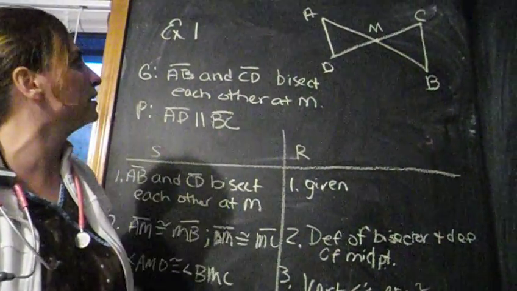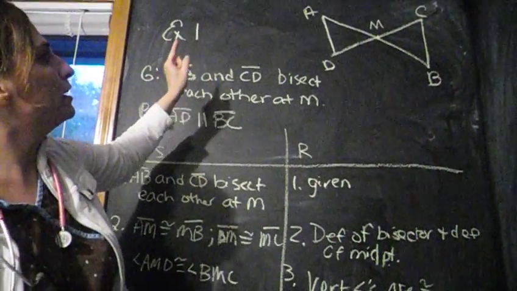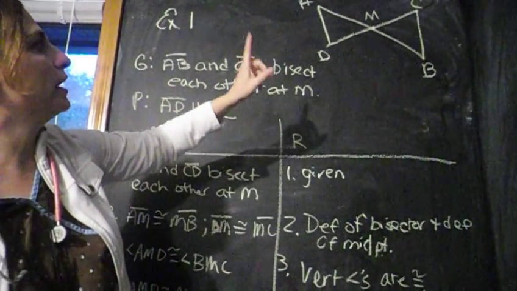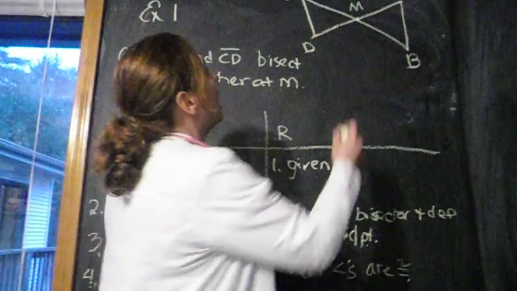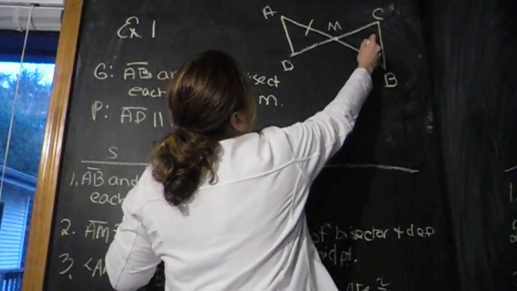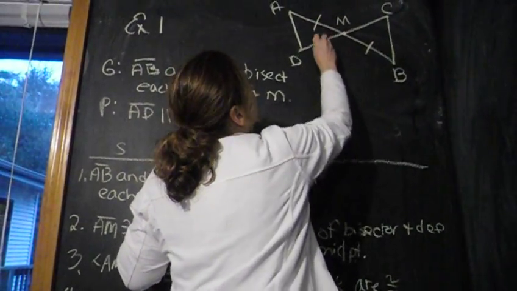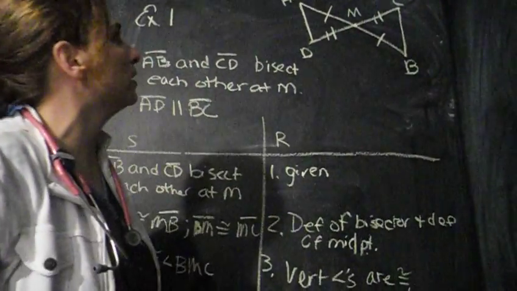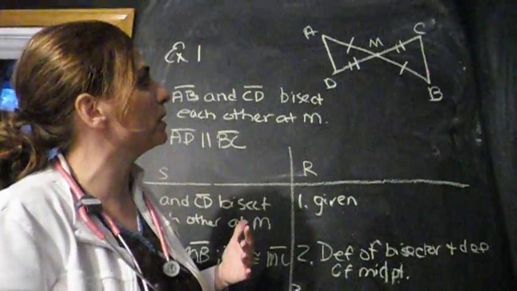So AB is cut in half at M, and CD is cut in half at M. So I know that AM and MB are going to be equal, and DM and MC are going to be equal. Wow, we're already showing some things here that we can prove.